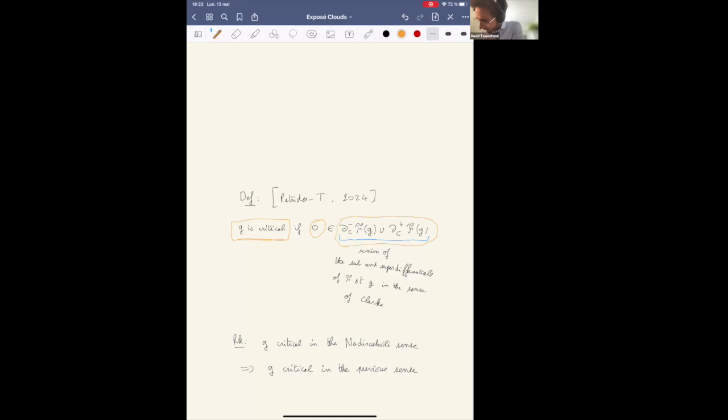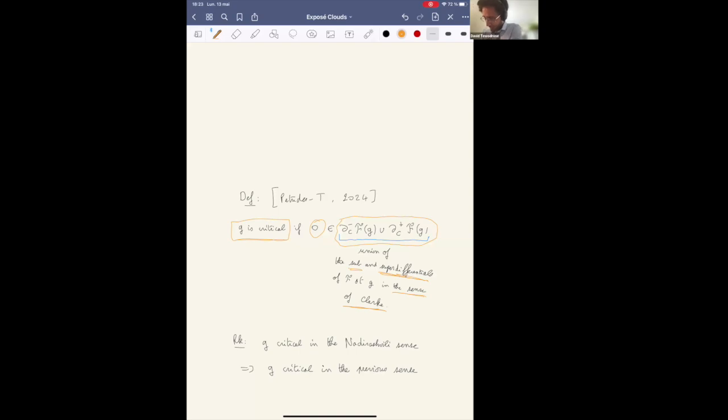And what it is, it's the union of the sub and super differentials of f at G in the sense of Clarke. I'm going to give the definition of these sub and super differentials of f at G in a moment.